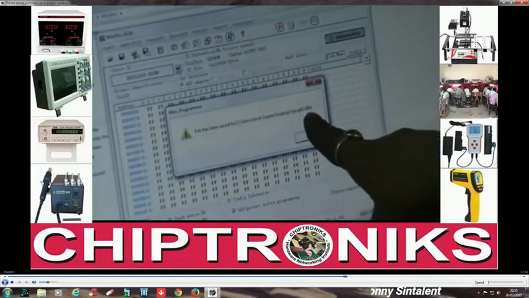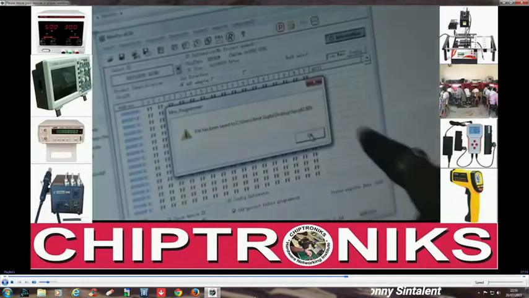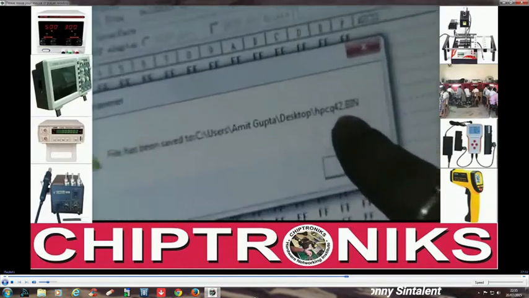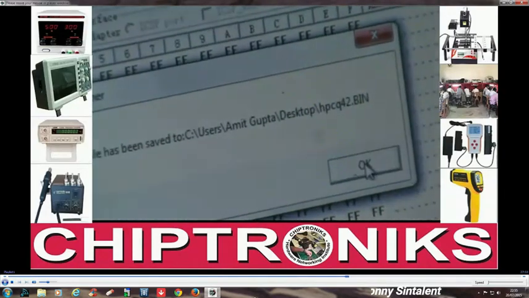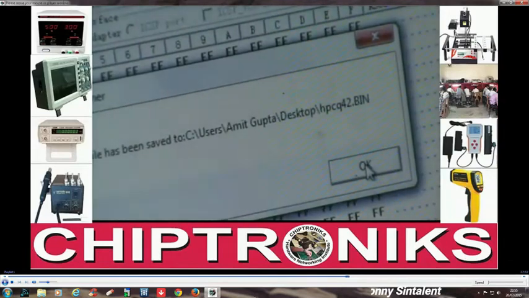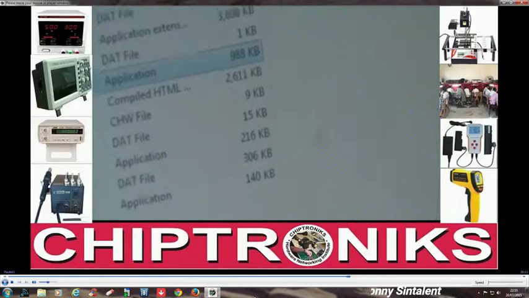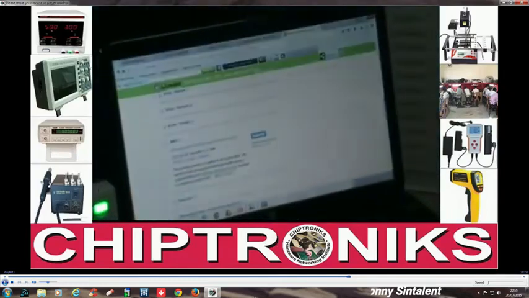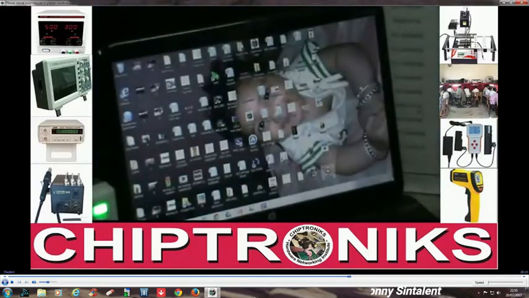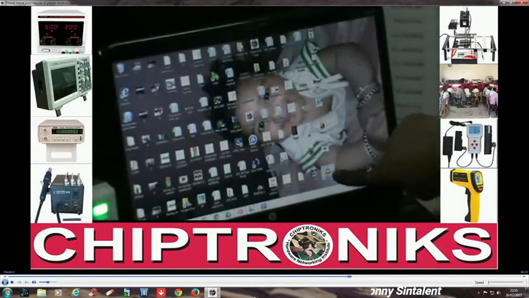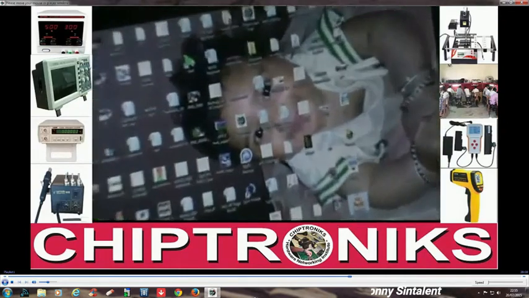This format, look here, this is the bin format. Dot bin, HPCQ42 dot bin format. It will save in bin format. Okay. Now here I'll show you. This is our backup HPCQ42.